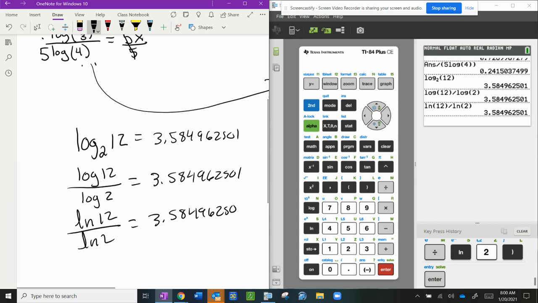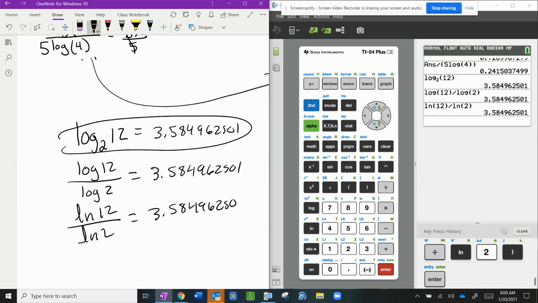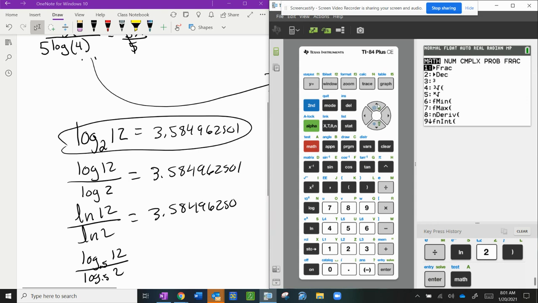Okay, I can convert whatever log I want into another log by just saying, hey, I want to convert this into log base, let's do 0.5. I don't know why you'd want to do that, but I'm just showing the point that it doesn't matter. And you could do log of base 0.5 of 12 divided by log base 0.5 of 2. And I could come over here to my calculator and I would have to select this one.